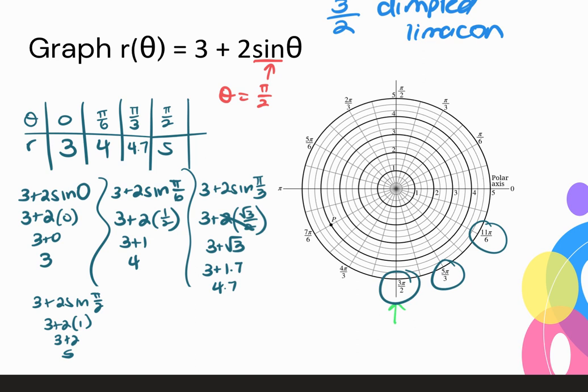So at 0, I go to 3. At pi over 6, I go to 4. At pi over 3, I go to 4.7. At pi over 2, I go to 5.